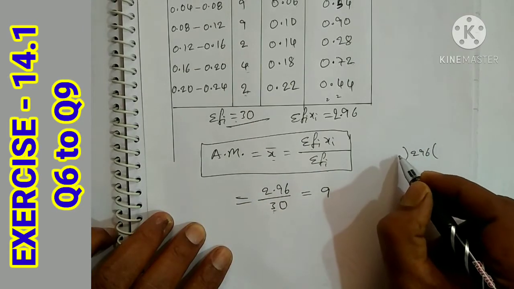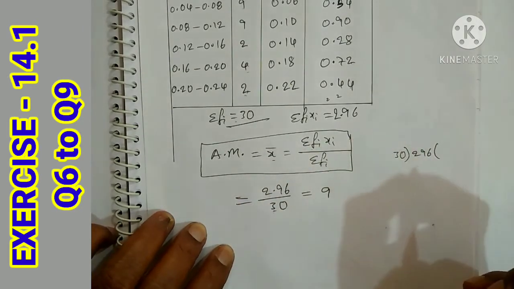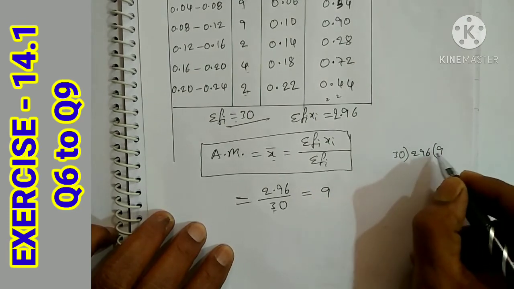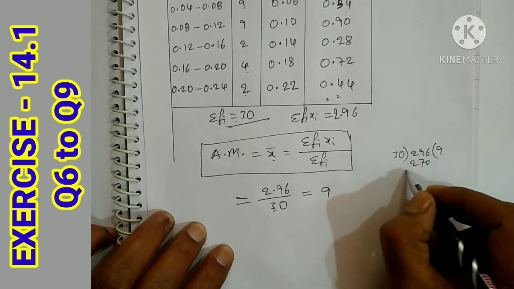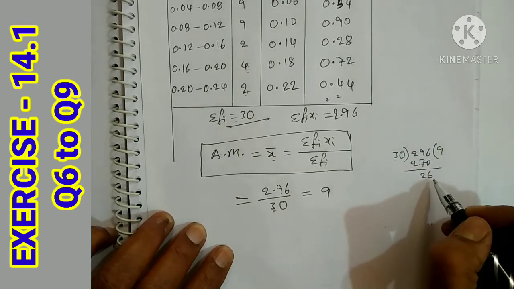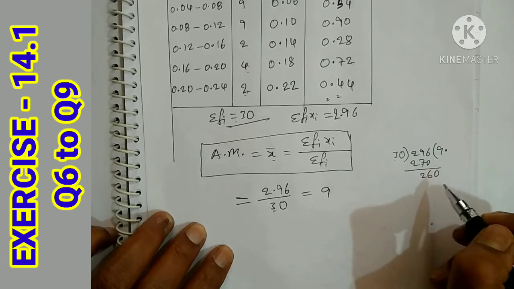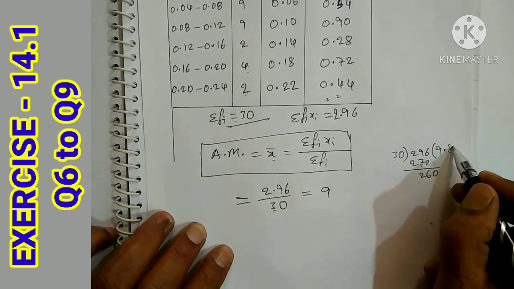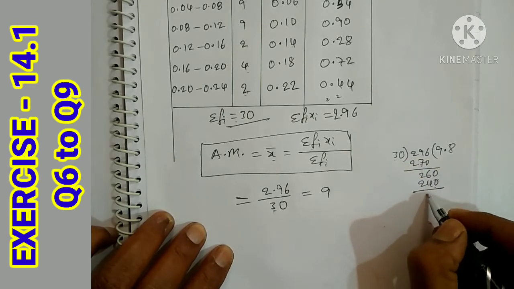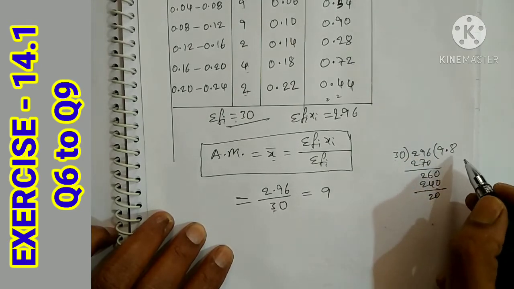296 divided by 30. So it is 9 times. 9 threes are 27, subtract, it is 26. Keep a 0, so it is 260, so 8 times. 3 eights are 24, subtract, 20.